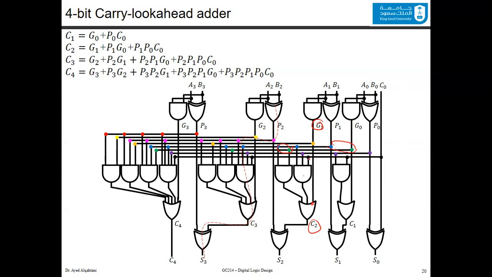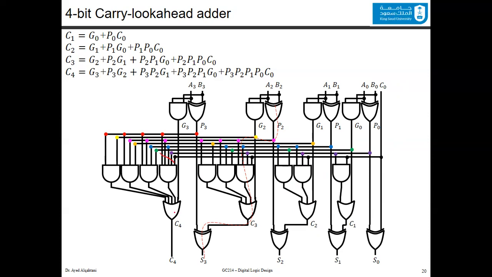or propagated from the stage before that, which is from here, and then propagated through the purple and also through the blue, and so on. Let's take the extreme case, which is this one here.